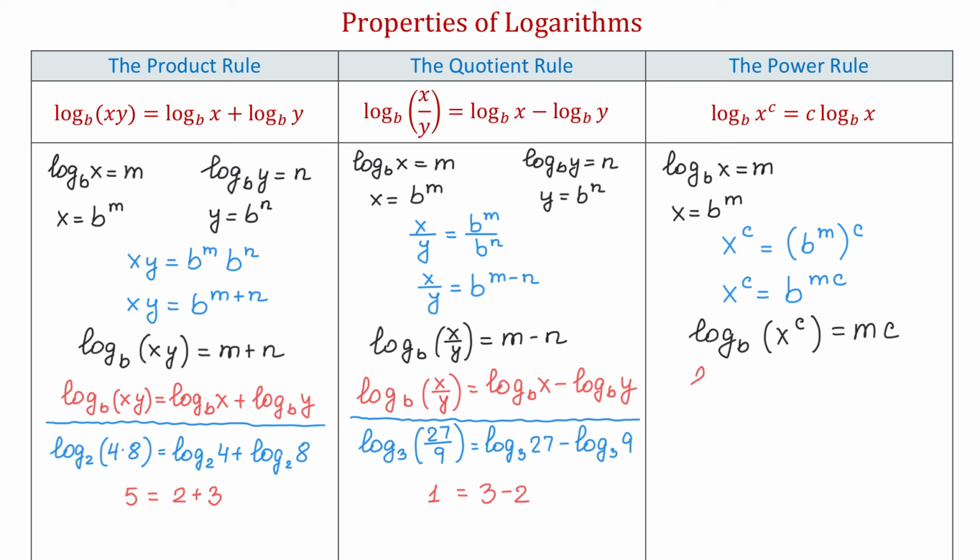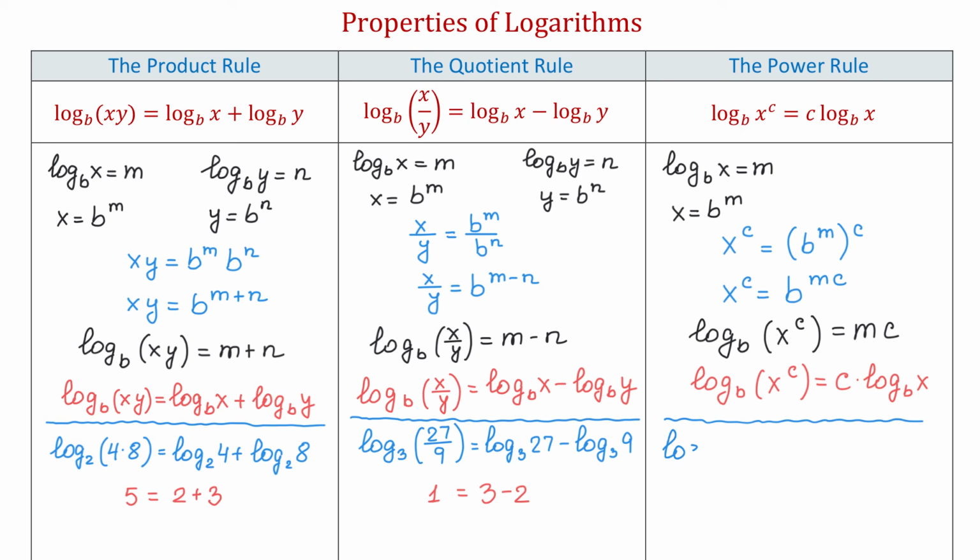Then we will have log base b of x to the power of c equals, I will write c first, and then log base b of x. And this is the power rule of logarithms. And now let's see an example here as well.